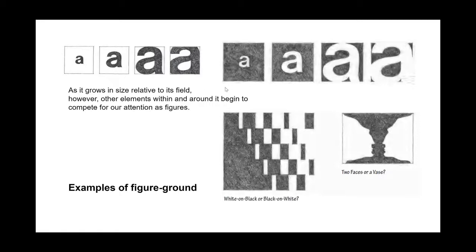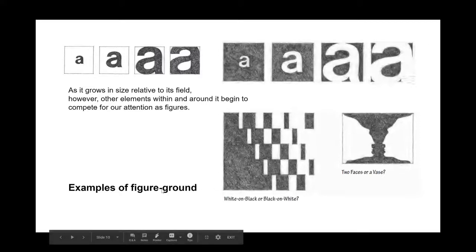Same for this one. It would be perceived as different elements. The letter A is taking up this, and this would be the negative space in relation to the dark positive space. So it competes for our attention.